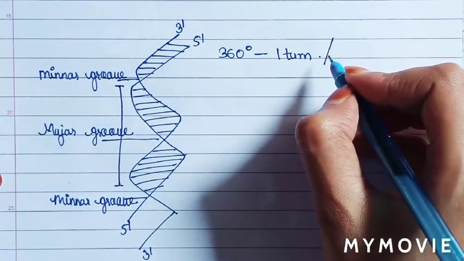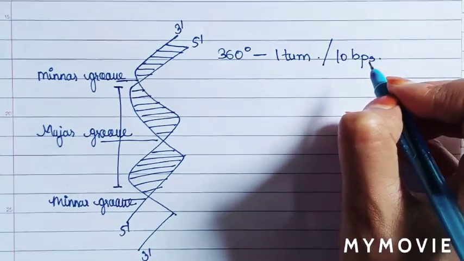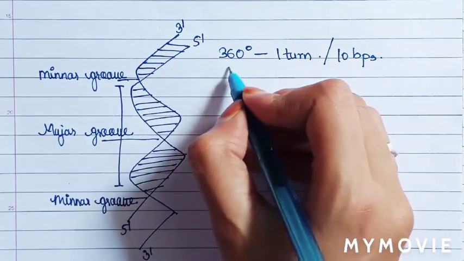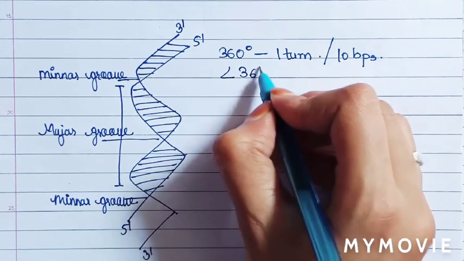Means one turn of 360 degrees consists of 10 base pairs. The angle between two successive base pairs is 36 degrees.